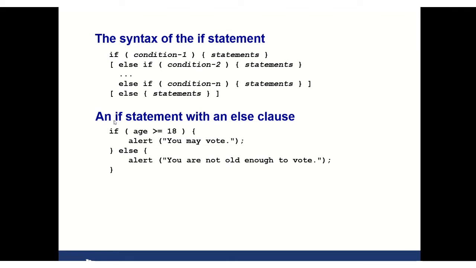So doing some generalization, you can see that the syntax of the if statement is like that. If condition 1, then you have the statement, else if condition 2, then you have the statements, and finally you have else, the statement. So there is a combination of if, else if, and else.